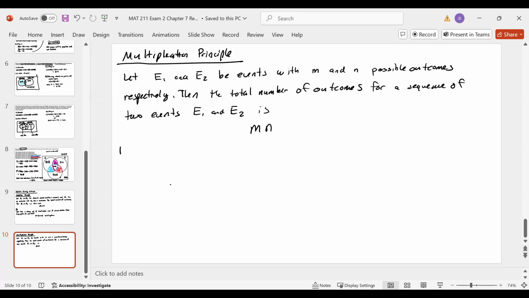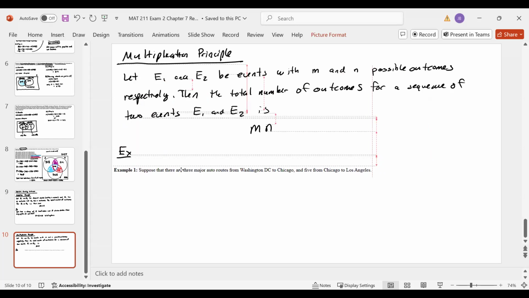So let's do some examples. Sometimes there are many fancy ways that you can do this, but sometimes you want to think about it in the simplest way. So I'm going to grab a random example from the internet to illustrate this.